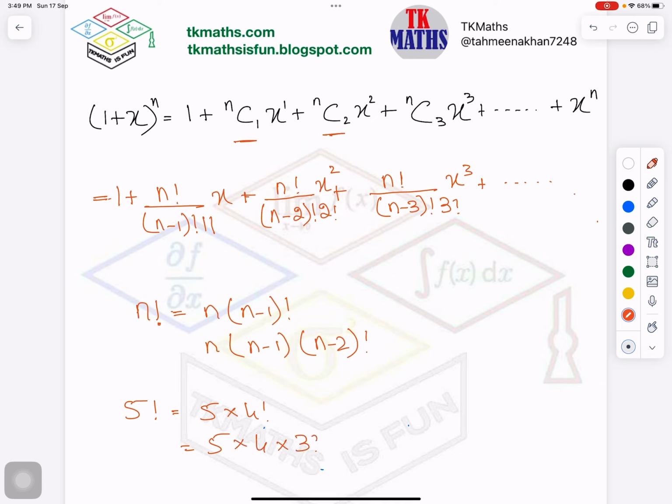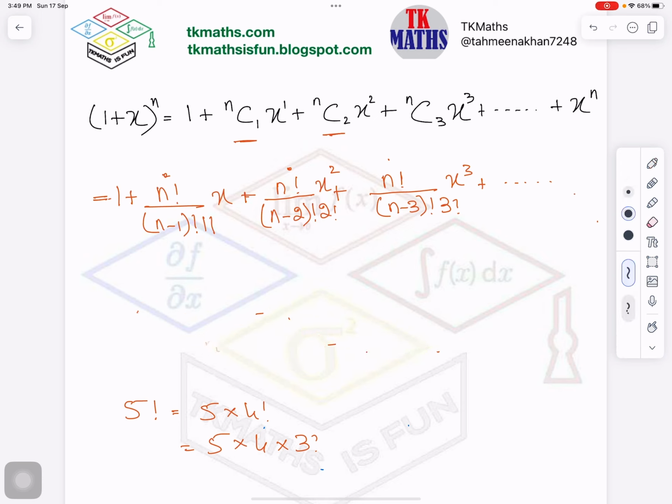It's totally up to you. If you don't want to stop at n minus 2, you can go further down. So now I will apply this concept here, here, and here, because in the denominator I have (n minus 1) factorial, (n minus 2) factorial, and (n minus 3) factorial. So I will try to cancel them out.